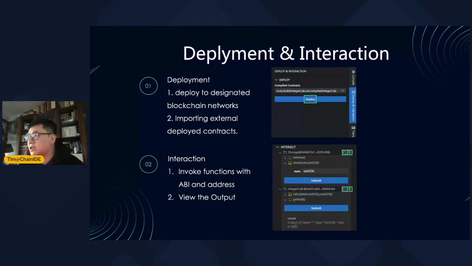And for the interaction, on the right side you can just choose the function you want to invoke with the ABI and address. And also you can instantly view the output in the interaction UI. So for example, here you can see the result of this kind of invocation.